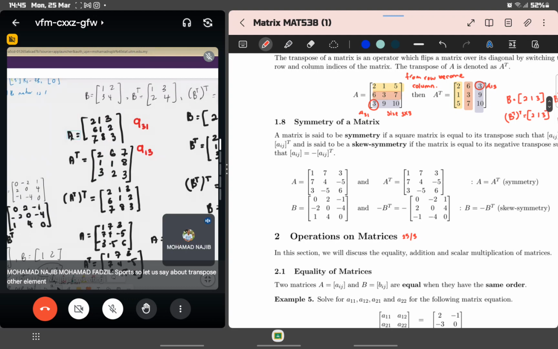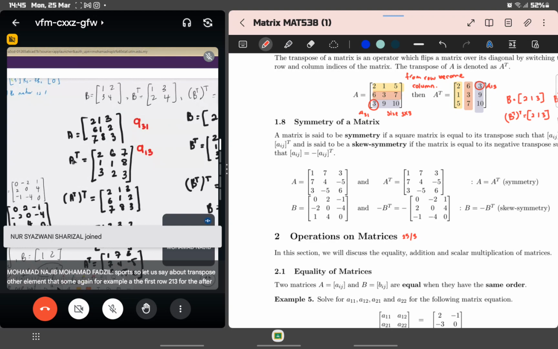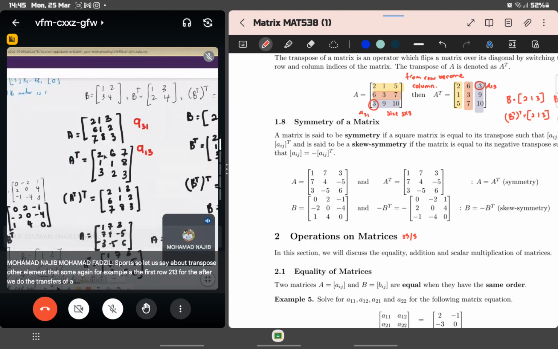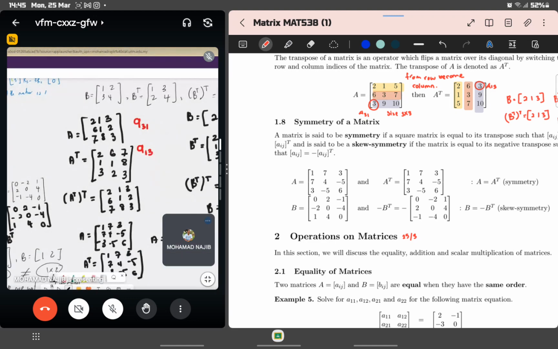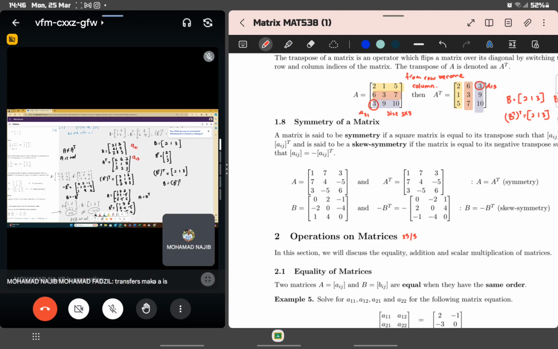Tak sama kan? For example, A, the first row is 213. For the after we do the transpose for A transpose equal to 267. Dia tak sama. Jadi kalau bagi soalan ini, A tak sama dengan A transpose, maka A is not symmetry. Dia kalau dia tak sama, dia tak boleh. Okey, boleh je tu?